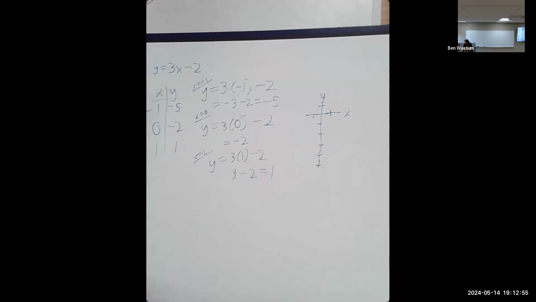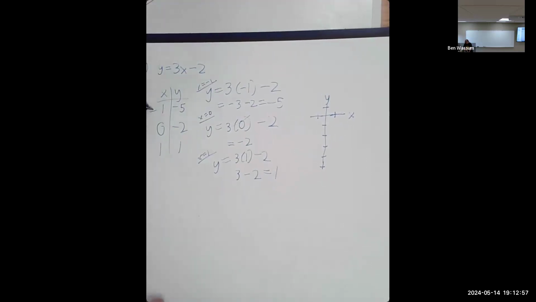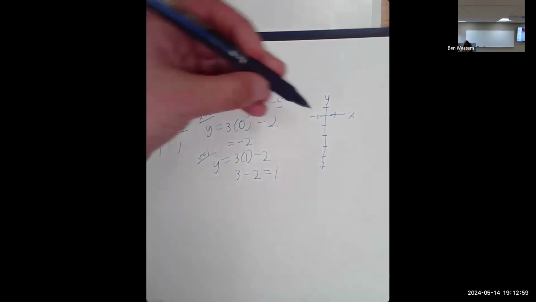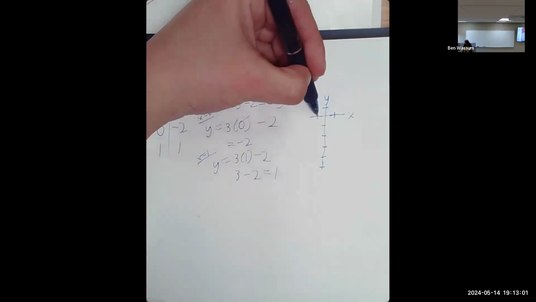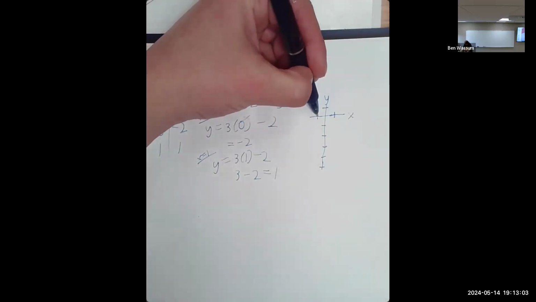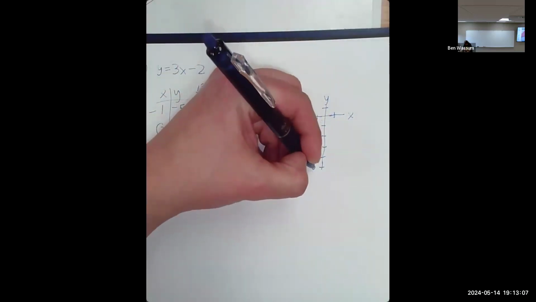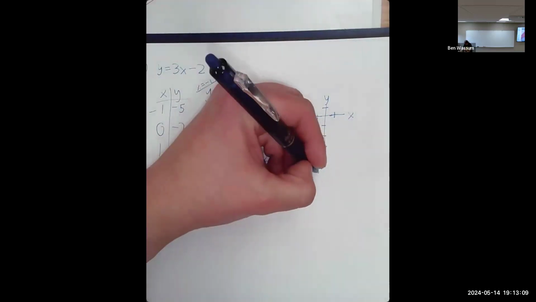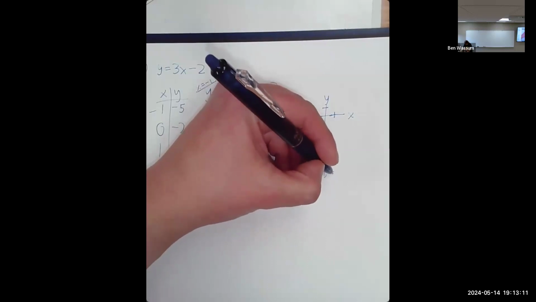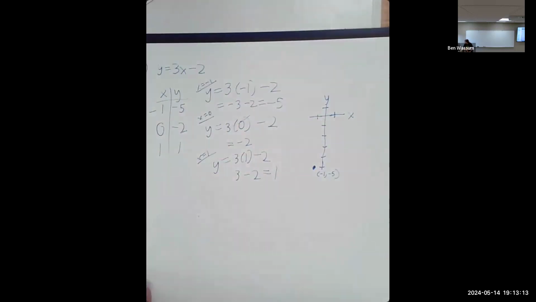So our first point, we have -1, -5. Okay, so that's -1 in the x direction and -5 in the y direction. That'd be right there. We label it -1, -5. Our next one, we have 0, -2.